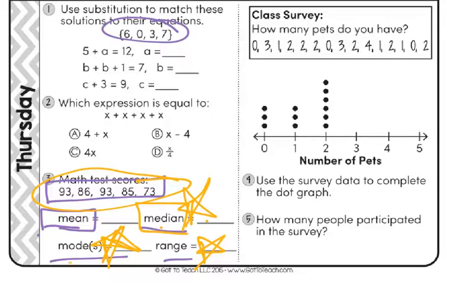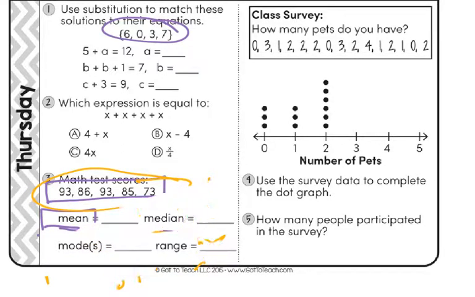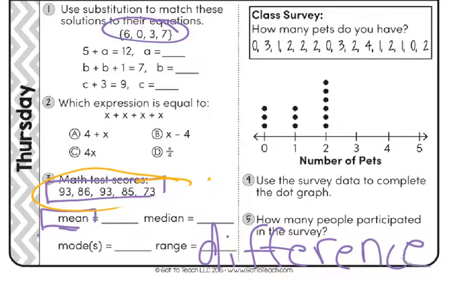The mode means most, and the range is the difference between the biggest and smallest number in your list. So mean is the average, median is the middle, mode means most, and range is the difference between your highest and lowest data point.